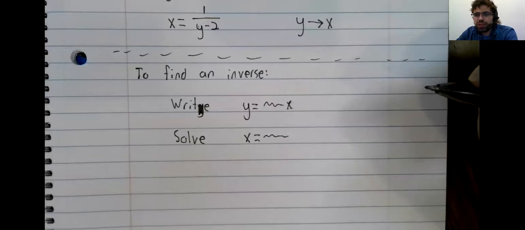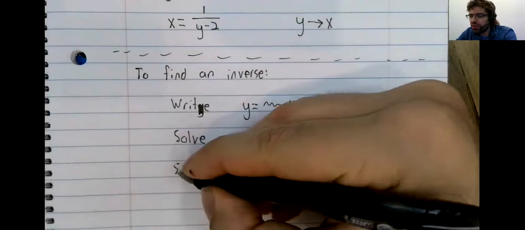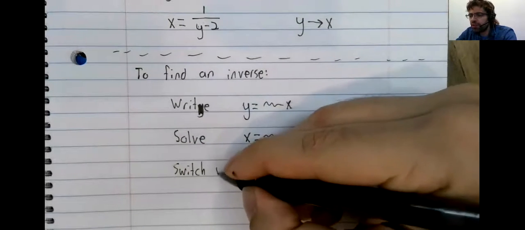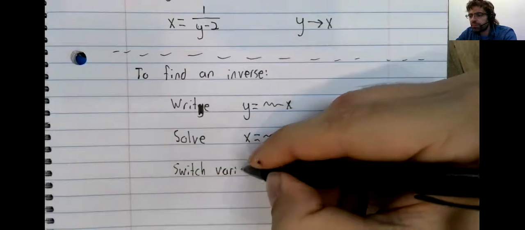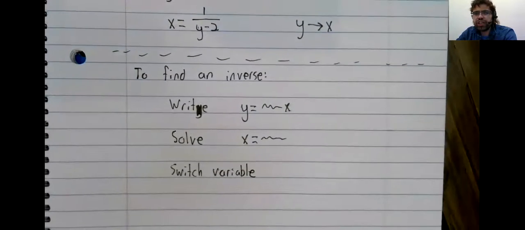And then there's going to be a last step, which I'll explain when we do it, which I'm going to call switching the variables. Let's tear that out so we can refer back to it as needed.